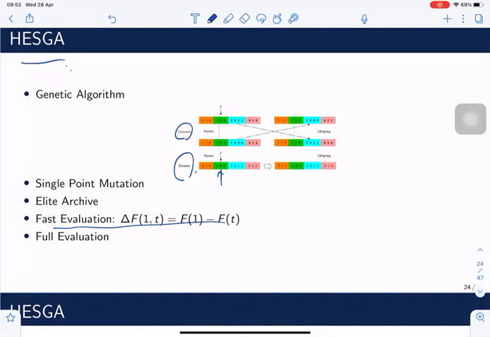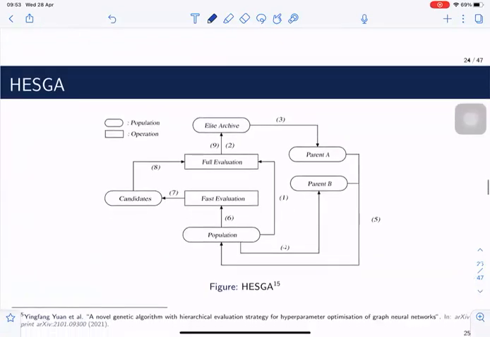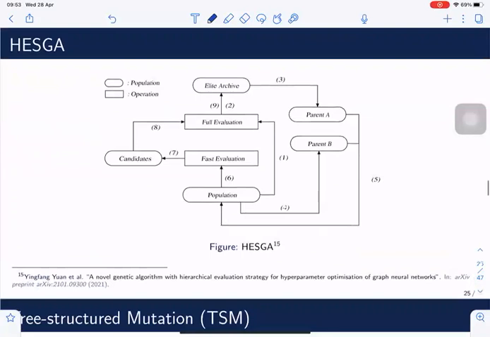It's kind of multi-fidelity optimization. Okay, let's just directly see the process of our HISCA algorithm. Originally the population is generated, right, and they are sent to the full evaluation.